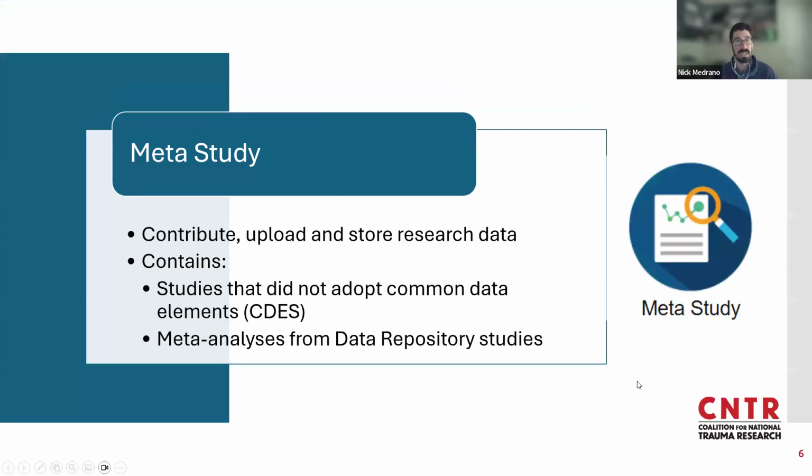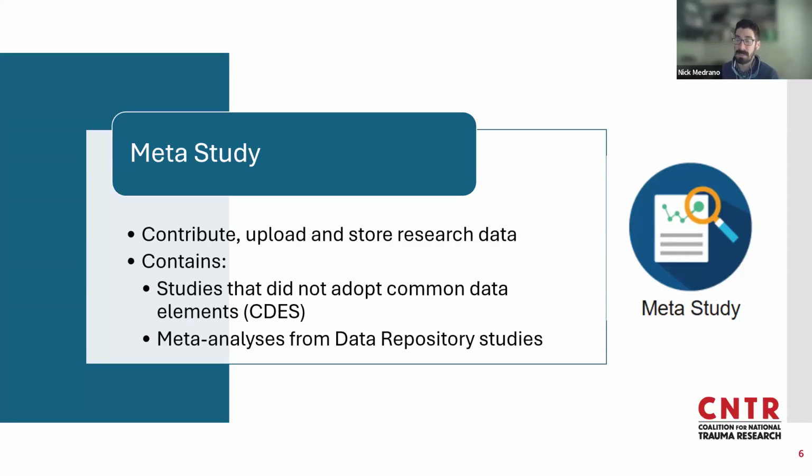The second one is the meta study, which we talked about last webinar. It is another place that can hold data, but this is going to hold data that did not adopt common data elements. What we're mainly using this for right now is legacy studies that were completed before the NTRR existed. The DoD has identified some that they would like to input into the NTRR so that users can access the data.